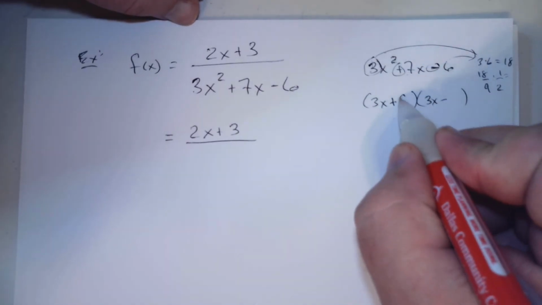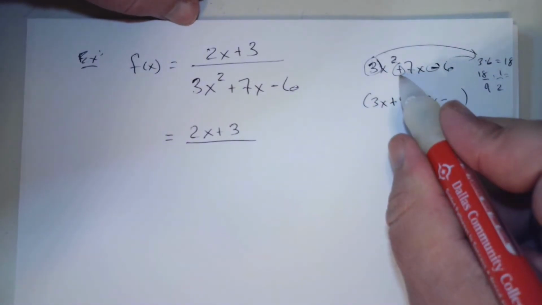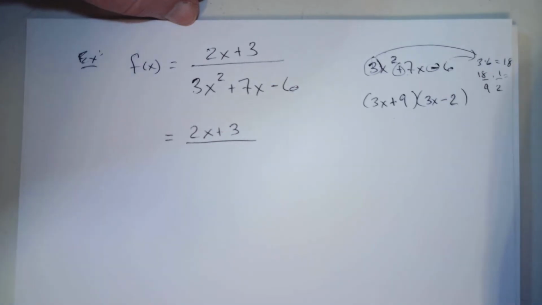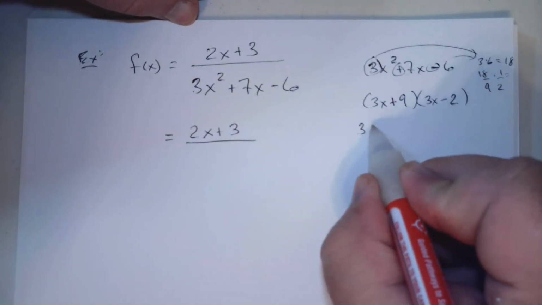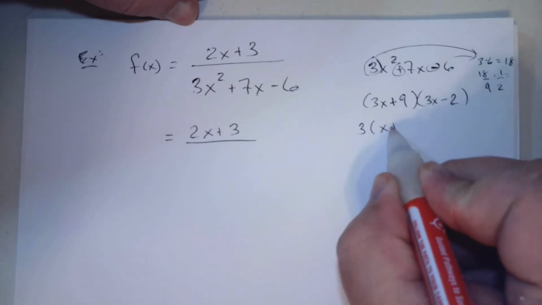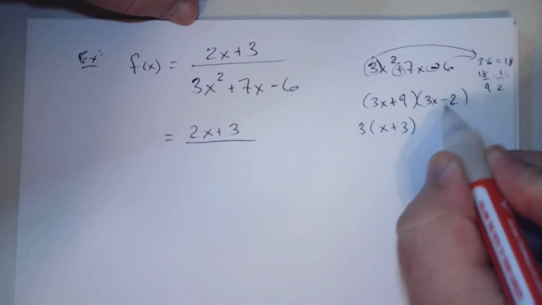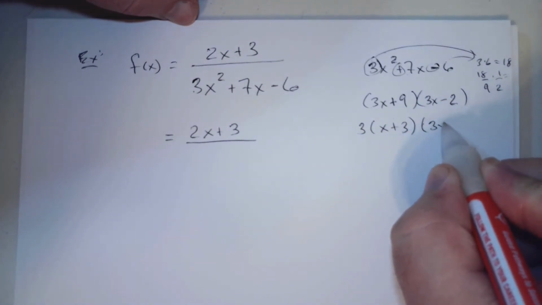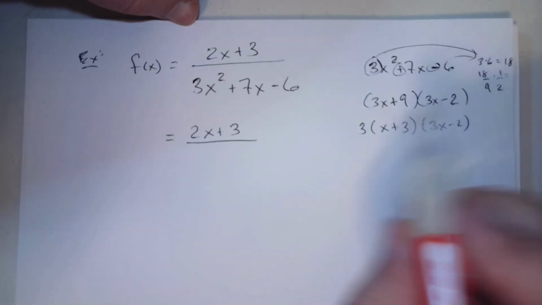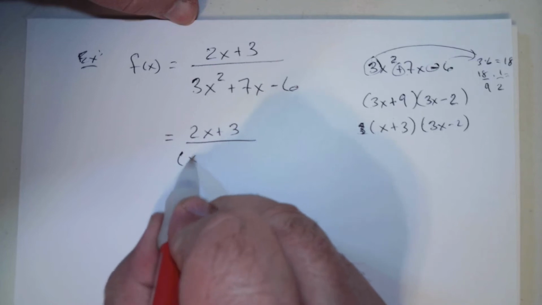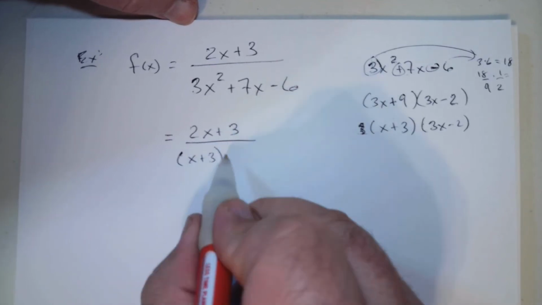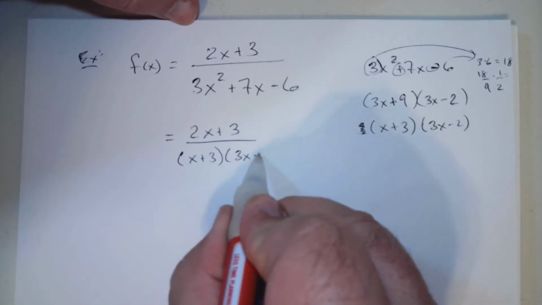So the 9 goes with the plus, and the 2 goes with the minus. We can factor a 3 out of the first one. Nothing factors out of the second one. So the bottom part factors into x plus 3 times 3x minus 2.